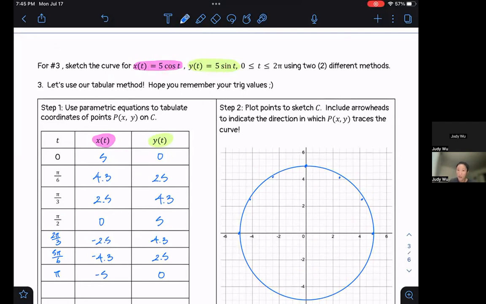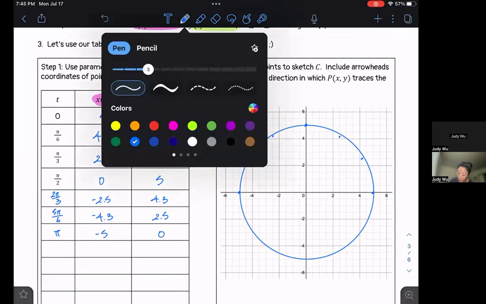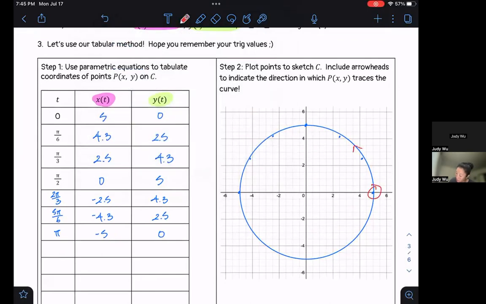But let's mark our direction before we go any further. We started here and we went in this direction. Keep in mind when we're graphing, we do have to put those arrowheads down. Otherwise, it's not a full credit graph. We have to show that we know there's a direction.